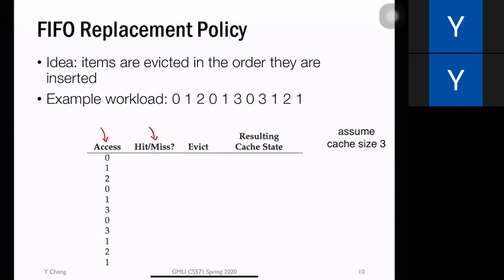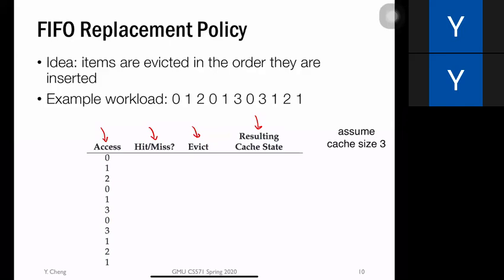The third column keeps track of the eviction operations. Whenever the cache is full, you have to pick a victim and evict it to make room for accommodating new requests, right? And the rightmost, fourth column is the resulting cache state, which is one of the most important contexts that we are interested in looking at.